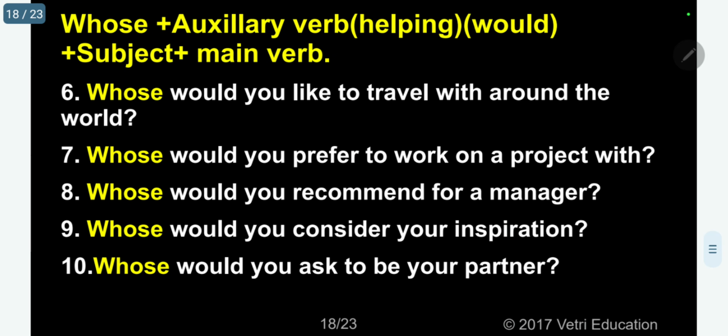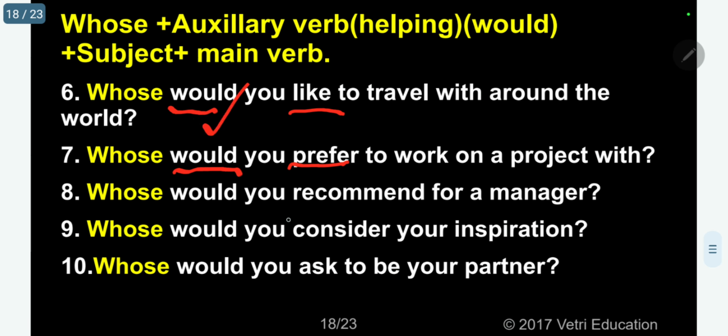The next five more. Whose would you like to travel with around the world? Would, auxiliary, like, main verb. Whose would you prefer to work on the project? Prefer, main verb, would, auxiliary.